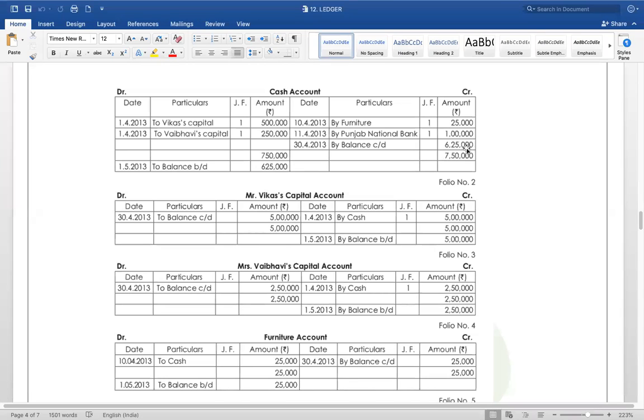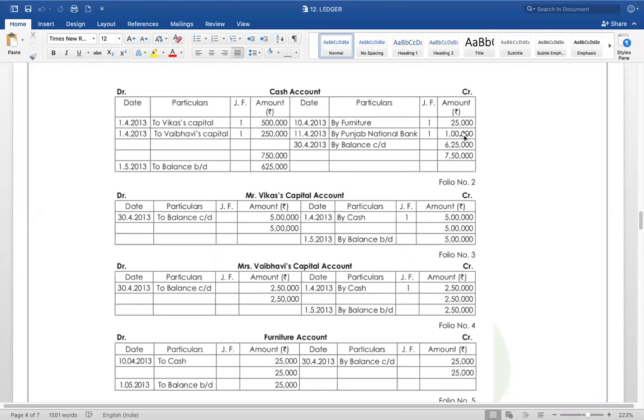Sir, I just wanted to ask one thing. In the assets account, like this cash account is an asset account, right? Yes. So for every debit, there is a corresponding credit, right? Yes. But why is the debit balance more in the asset account?